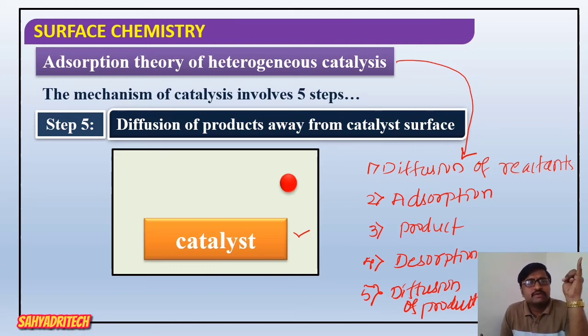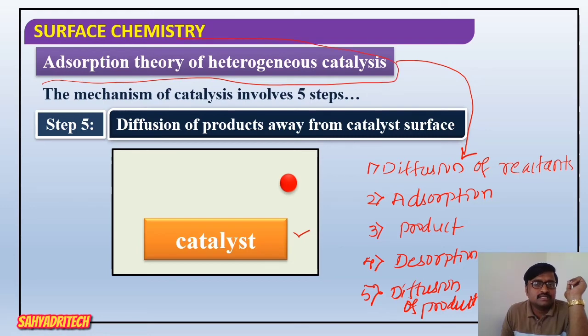Then the fourth step, desorption of product molecules from the catalyst surface. And the fifth one, diffusion of product molecules away from the surface of a catalyst. So it is very important. Please remember the 5 steps involved in adsorption theory of a heterogeneous catalysis.